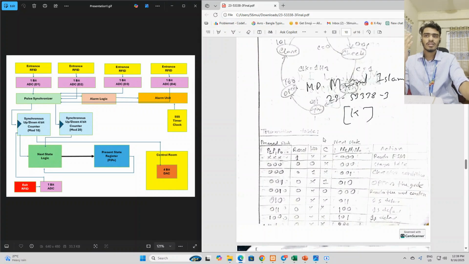Basically these are states, and according to these states we need to perform actions, such as if we reset the whole state machine, it will reset the whole FSM. On the 000 state it stays idle. On 001 it checks the conditions, and on 010 it opens the gate.